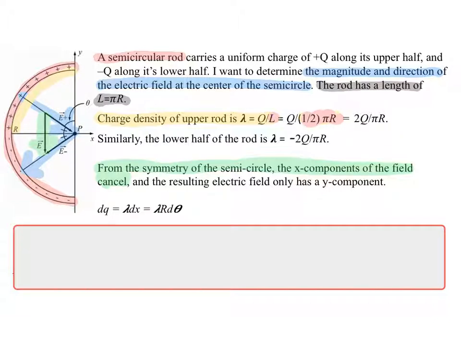So you do all your math, and it comes out as 2q per pi r. And unsurprisingly, the lower half of the rod will just be minus 2q per pi r. Two charge densities because I have two kinds of charge. One's plus, one's minus.